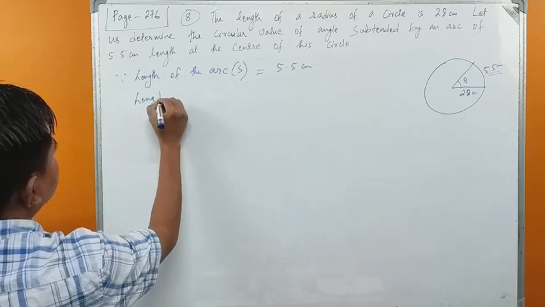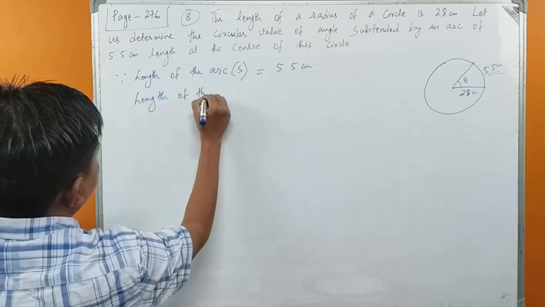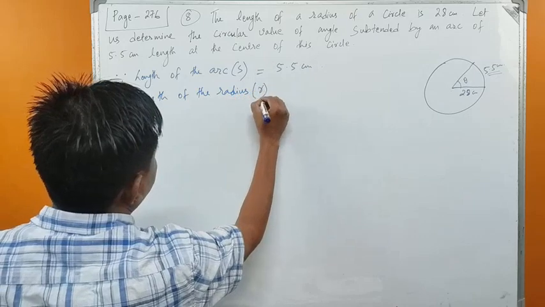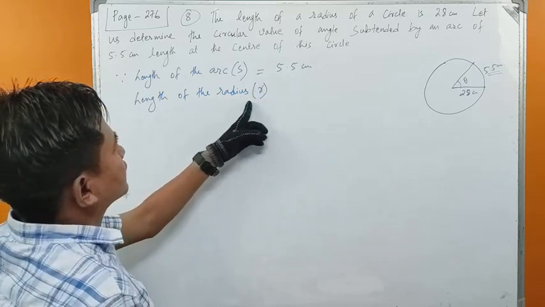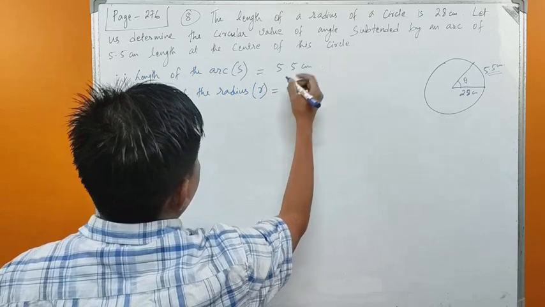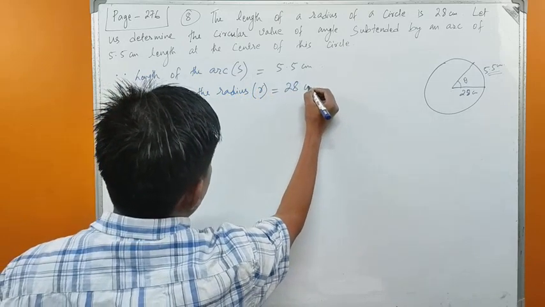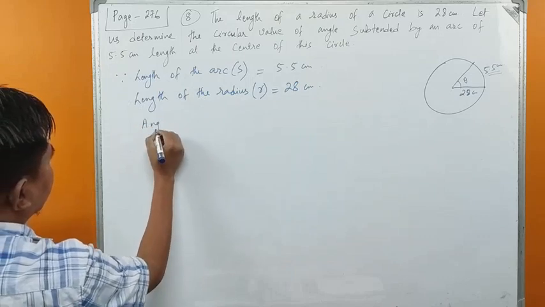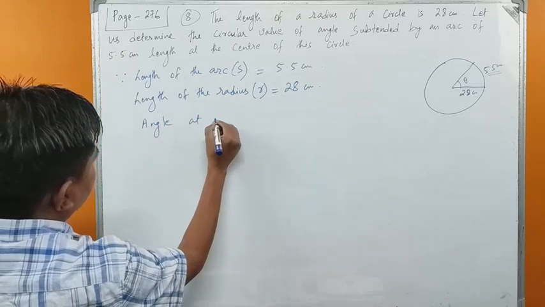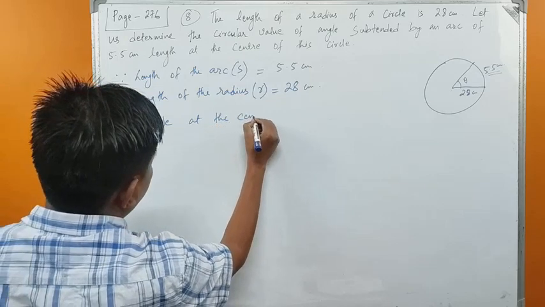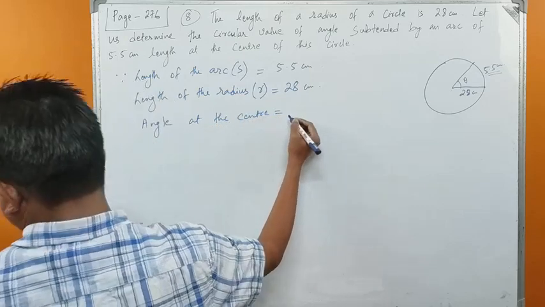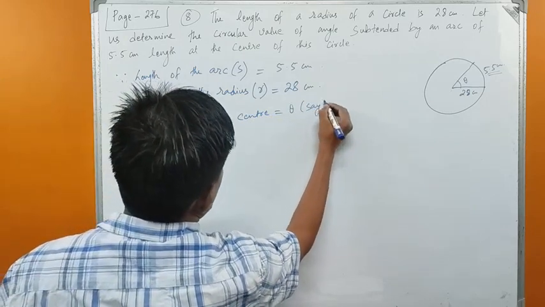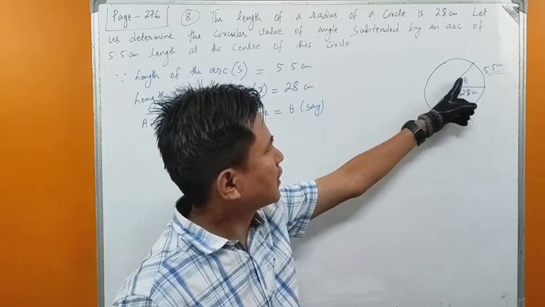Length of the radius is usually denoted by the letter R. Length of the radius R equals 28 centimeter. Angle formed at the center equals theta. Let the angle formed at the center be theta.